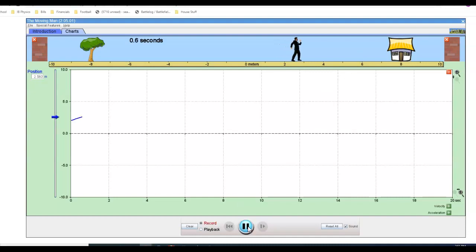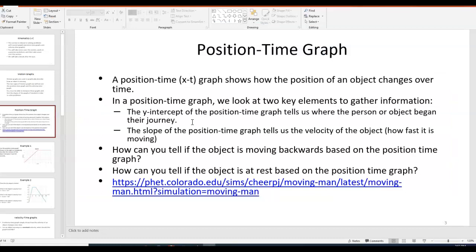Okay, so when I hit play, take a look at this graph, and you can see on this graph, the y-intercept on this graph, you can't actually see the number, but the y-intercept on the graph right here represents the initial position of the moving man. Okay, so that's that 2 meters we're talking about. So on a position time graph, the y-intercept tells you the starting position of the object.